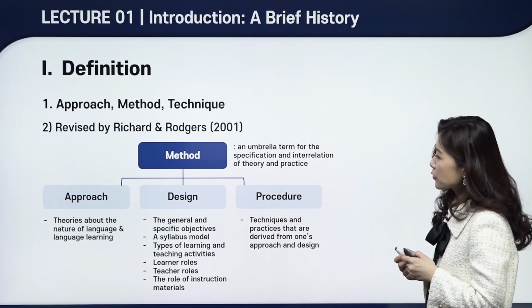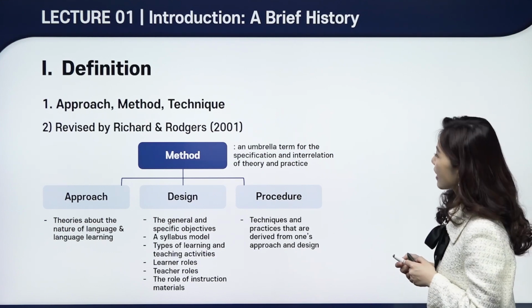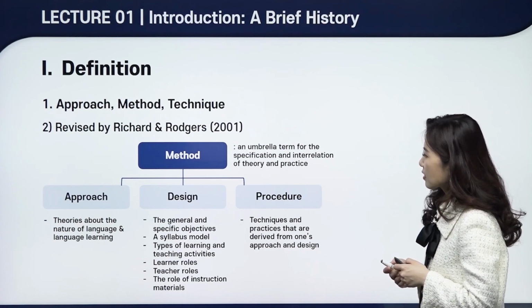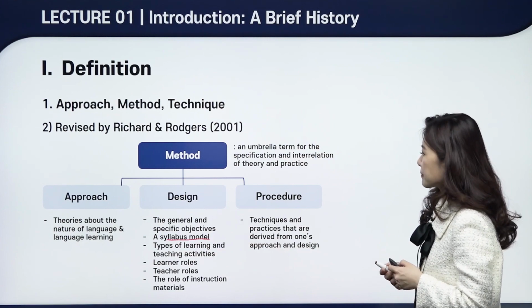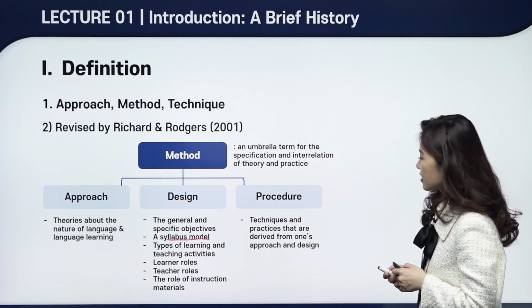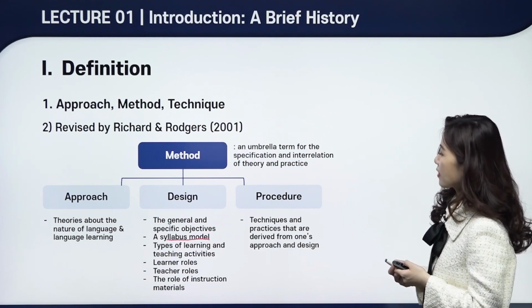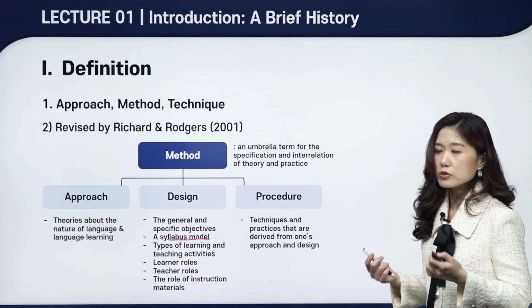Approach includes theories about the nature of language and language learning. And design is the general and specific objectives. And it includes a syllabus model and types of learning and teaching activities, and defines learner roles, teacher roles, and the role of instruction materials as well, for example, textbooks.